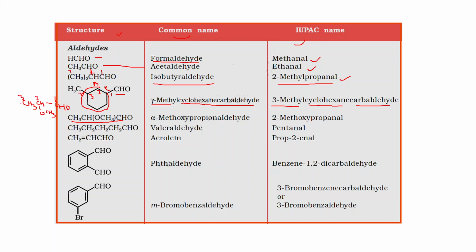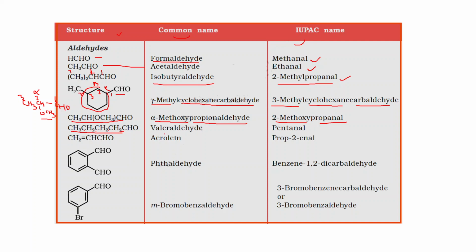Or in case of a common system, this is given as alpha. Okay, and at the alpha position, this methoxy group is attached. That's why this is alpha methoxypropionaldehyde. And in case of IUPAC system, this is 2-methoxypropanal.